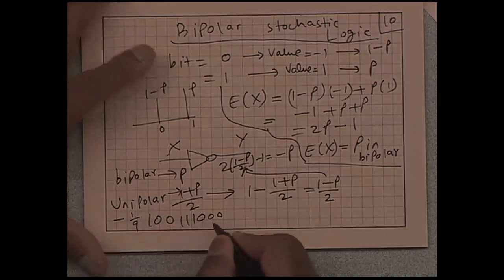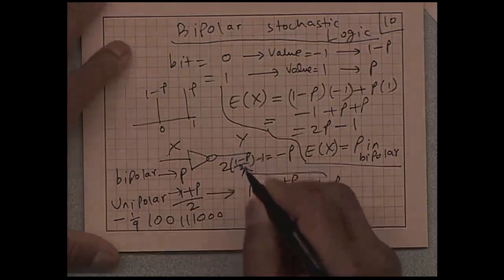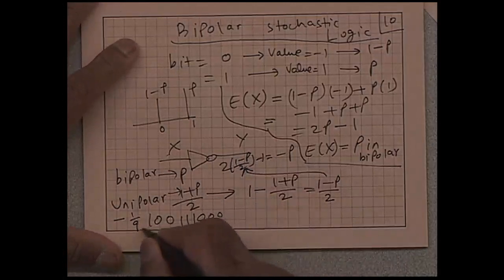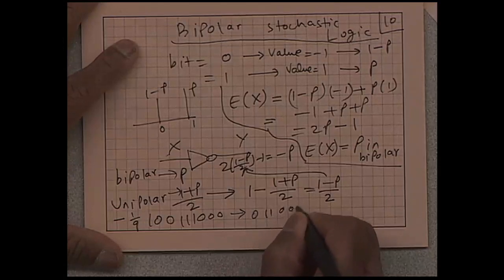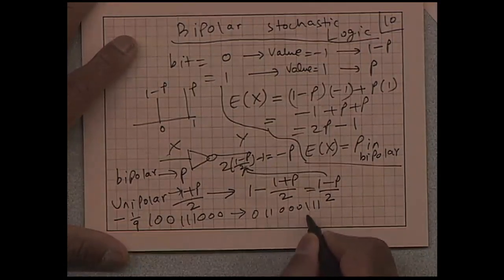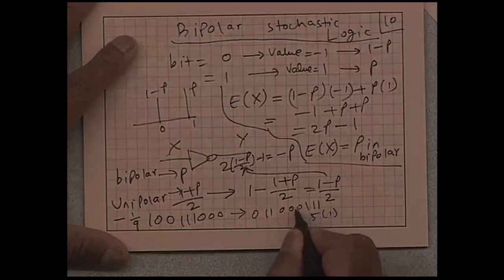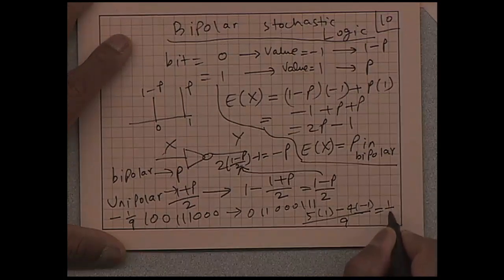So 4 minus 5 minus 1 by 9. Now if you take the inverter output, 0 1 1, 3 zeros, 3 ones. So what do I get? 3 plus 2, 5 ones, 4 zeros, 4 minus 1s divided by 9, which is 5 minus 4, plus 1 by 9.